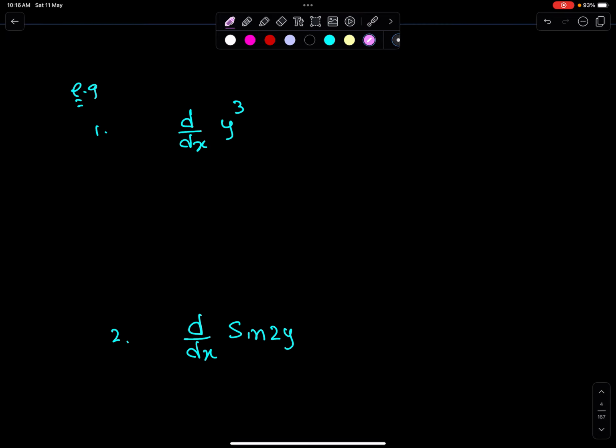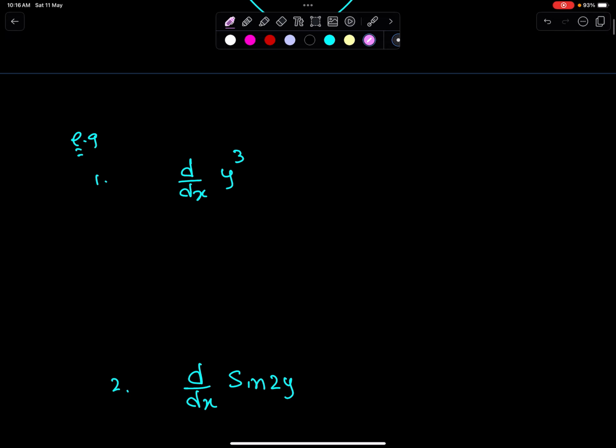For example, if we have to differentiate y cube, it will become 3y square, and then we need to multiply the answer 3y square with the gradient of y, dy upon dx. This y comes here.